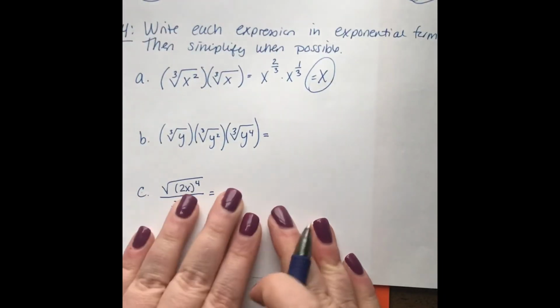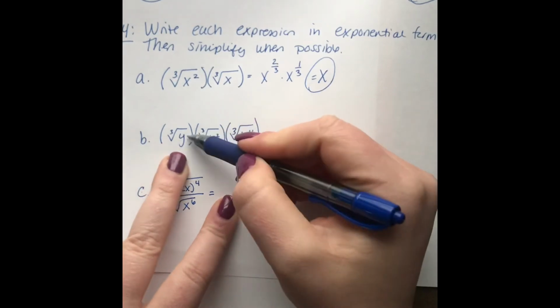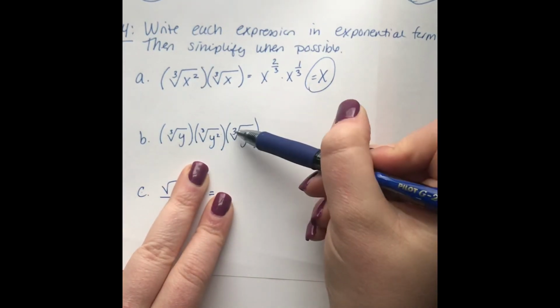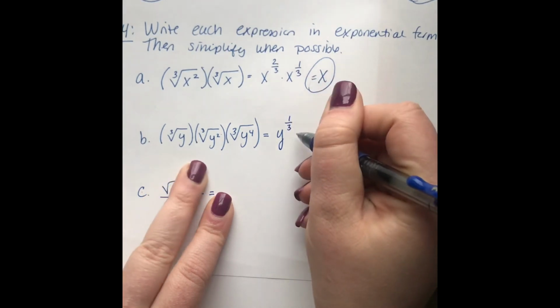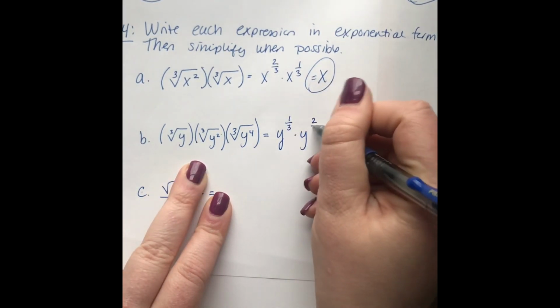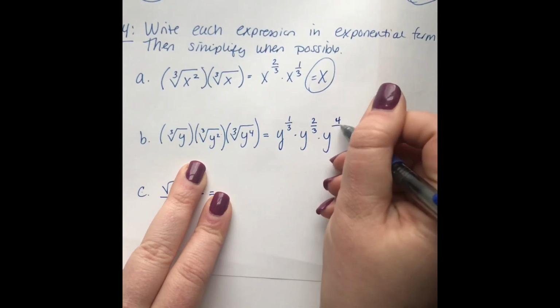Same thing with part B. We're going to have y, the cubed root of y times the cubed root of y squared times the cubed root of y to the 4th, which turns to y to the 1/3 times y to the 2/3 times y to the 4/3.